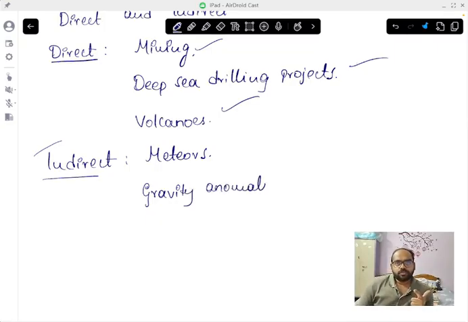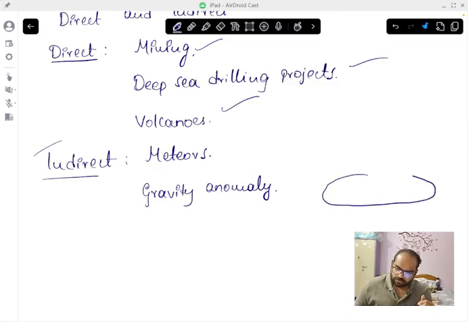Gravity anomaly. I have already told you that Earth is spherical in shape, but due to its continuous rotation, it is bulged at the equator and flattened at the poles. Due to this, the polar region is much closer to the center, and equatorial regions are far away from the center.